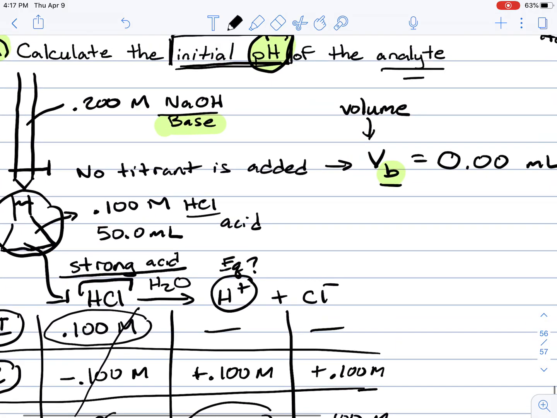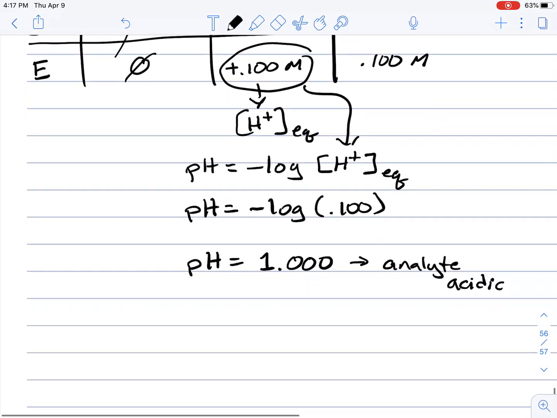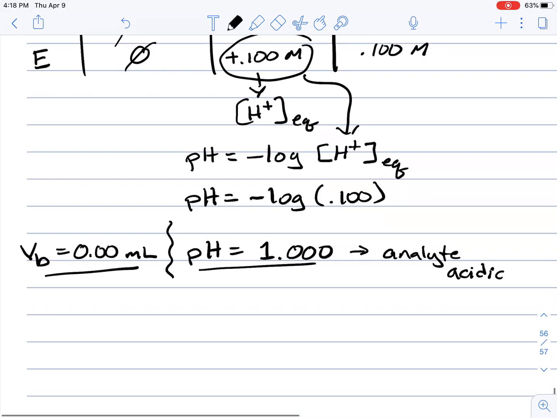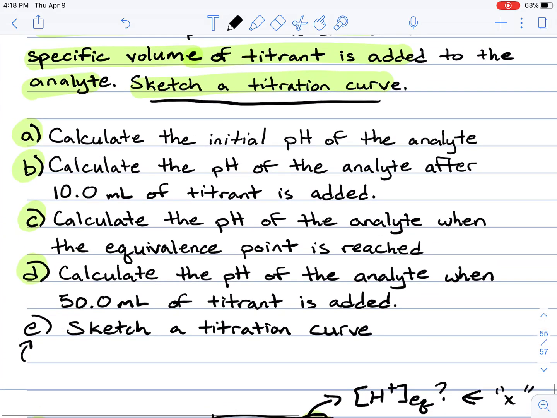Now I'm going to go ahead and put these 2 points together, VB and pH. Because remember, at the very end, I'm going to build a titration curve. So I want to describe how much volume we added to the resulting pH of the solution. Okay, so that's 1 point in our titration curve. All right, so let's go ahead and look at the next problem.